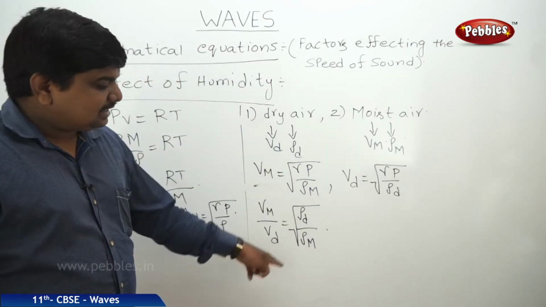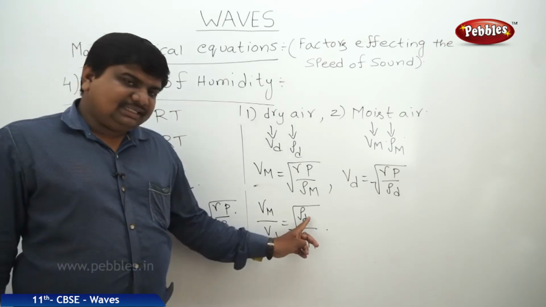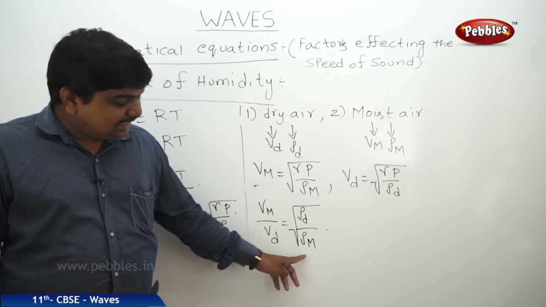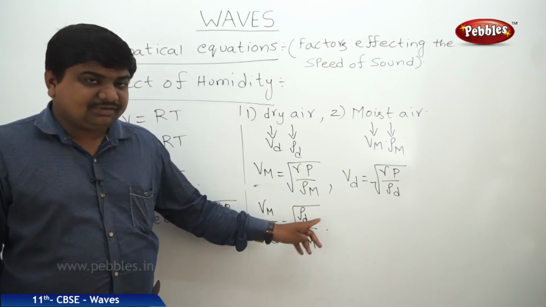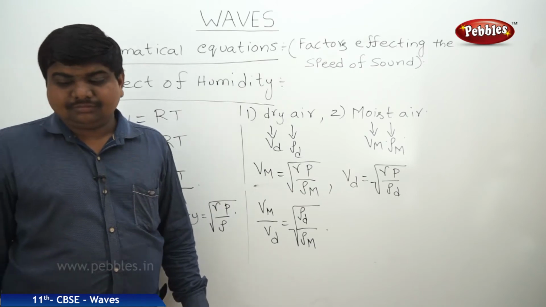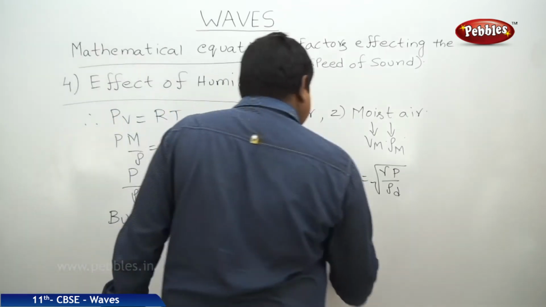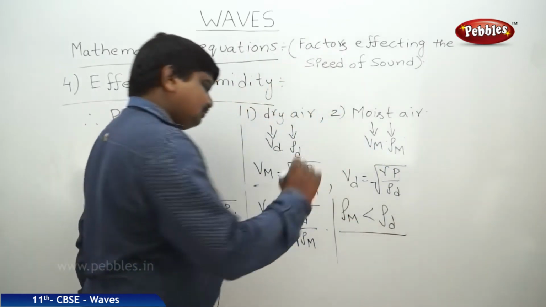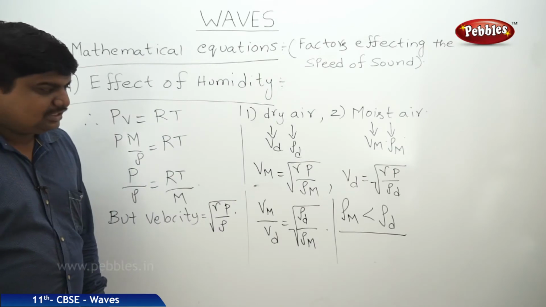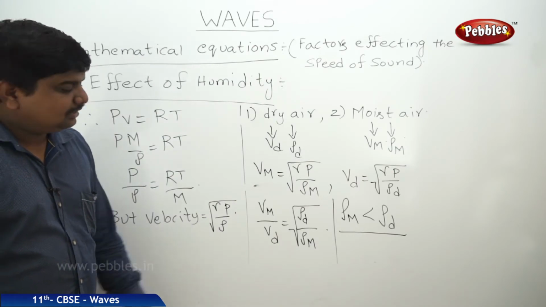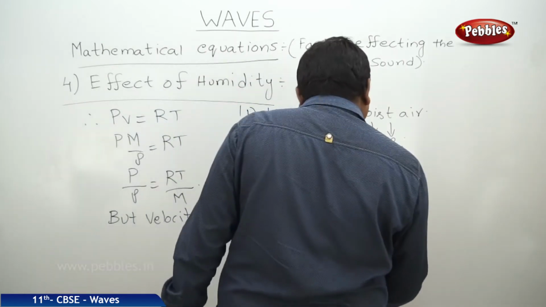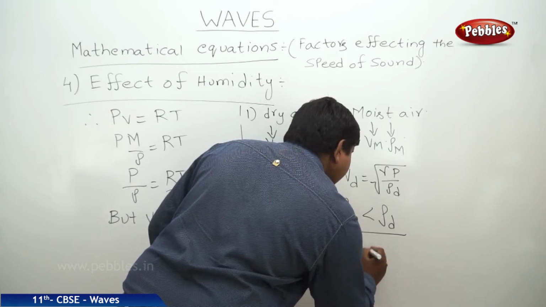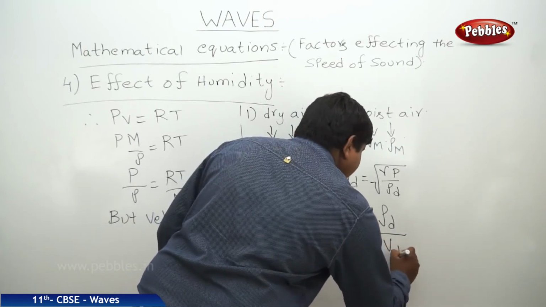So what we can understand in this case is density of the dry air and density of the moist air. Density of the moist air is less than the density of dry air. That's why velocity in the moist air is greater than the velocity in the dry air.